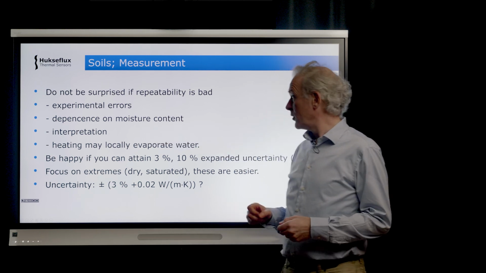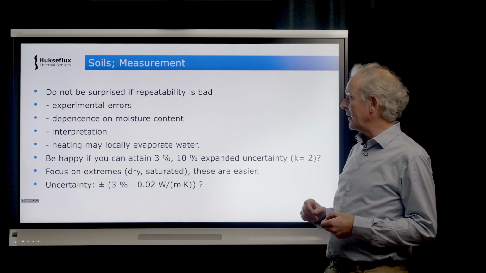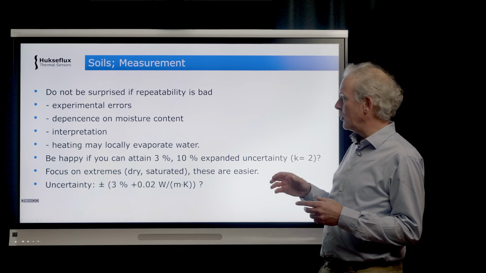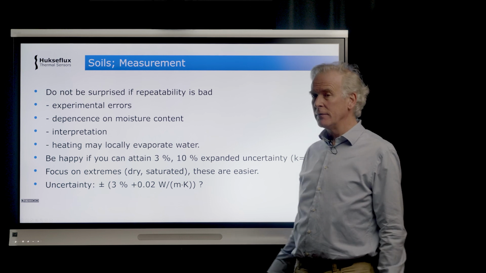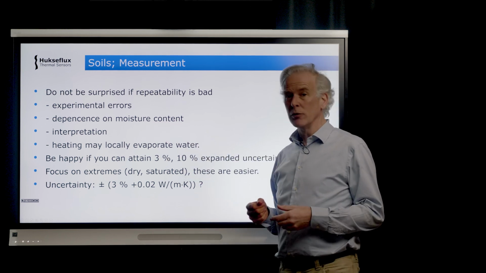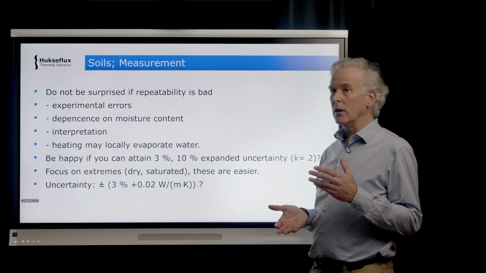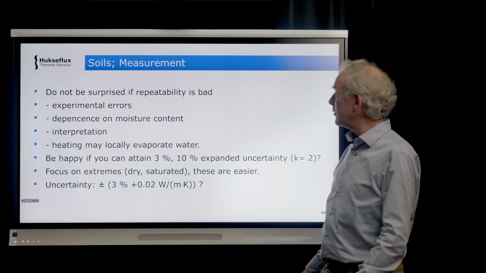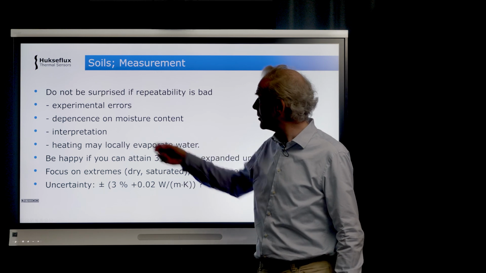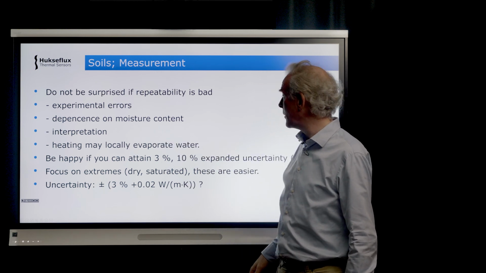Also, the interpretation of the signal is difficult. You have to look for a linear part of your graph. That's a manual job, and if you have some experience, you know that the choice of this part of the graph has a big influence on your end result.